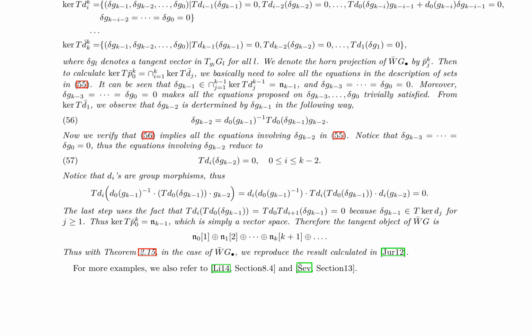The tangent object of WG is subsequently shown to be n_0[1] ⊕ n_1[2] ⊕ ... ⊕ n_k[k+1] ⊕ ..., reproducing the result calculated in UR12. Additional examples can be found in Lie14, section 8.4, and Sev, section 13.